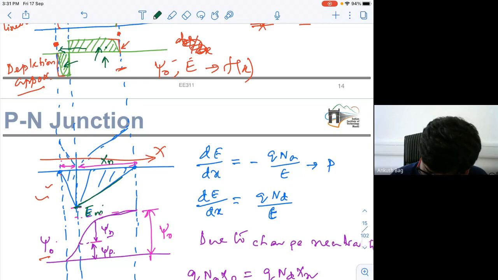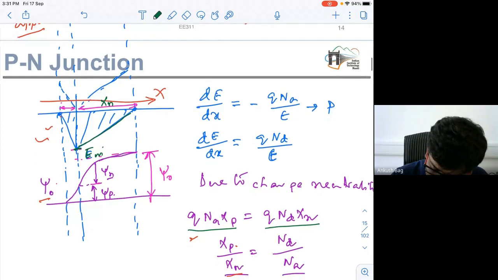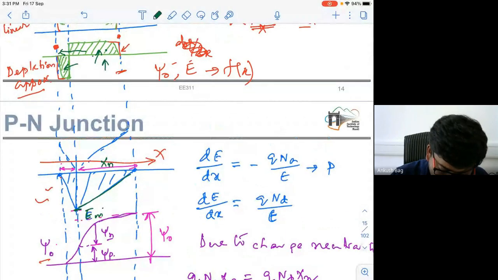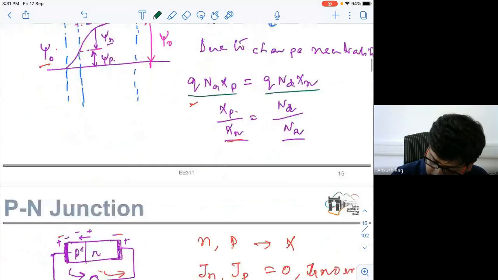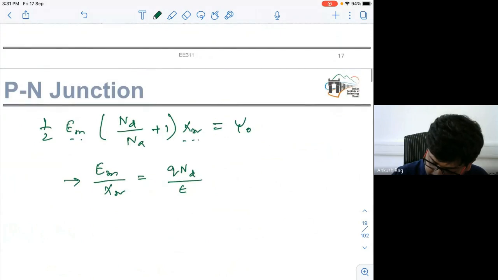So the slope is actually this charge from this Poisson equation. So the slope Em by xn equals q Nd by epsilon. So from this relation we can write this equation. Em by xn, that means the slope in the n side is related with the charge divided by epsilon.